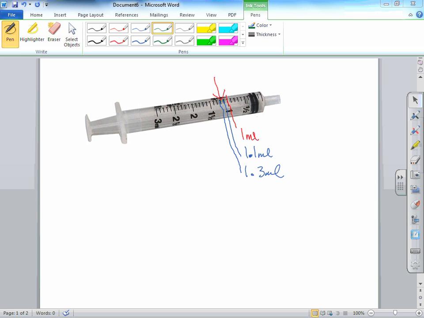The only difference is that because these are parenteral medications, meaning that it comes in an injection form, the route of administration is either intravenously, which is through the vein, or intramuscular, which is into the muscle, or subcutaneously, which is underneath the skin, or even intradermal, which is underneath the skin.